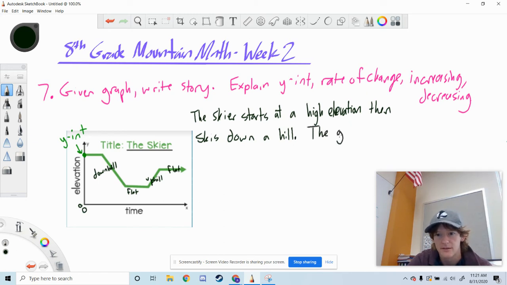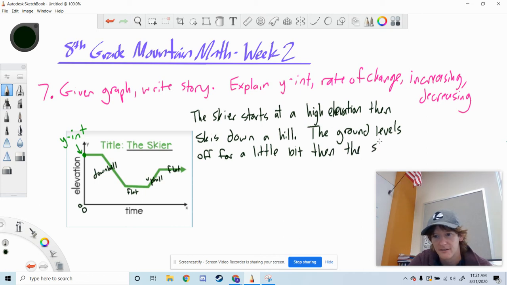The ground levels off for a little bit. Then the skier goes back uphill to another flat surface.